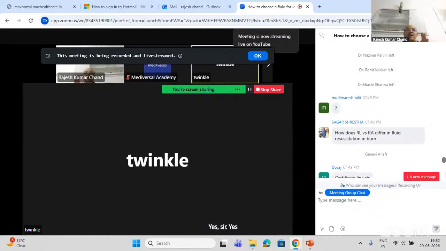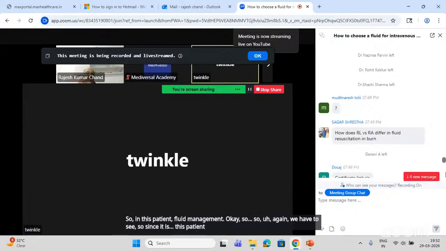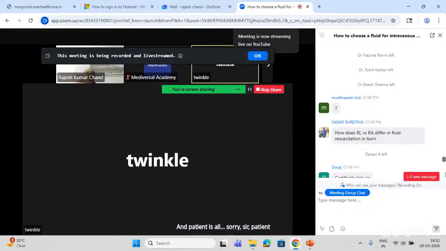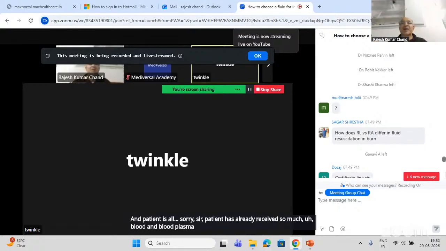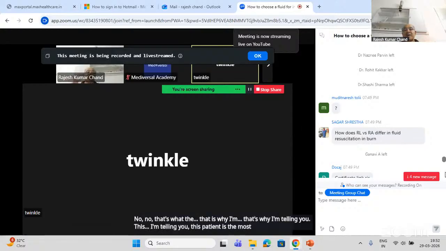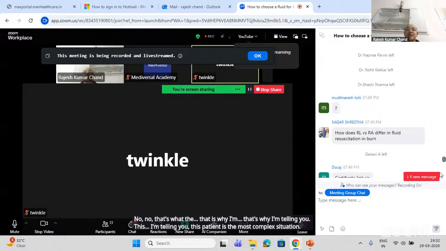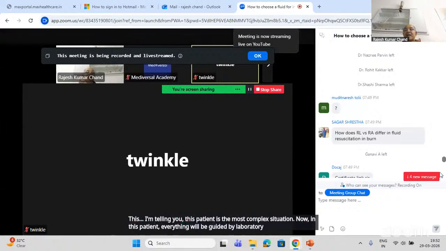Okay, so again we have to see. This patient is very complex, and has already received so much blood and blood products, plasma, PCV, everything. This is the most complex situation. Now, in this patient, everything will be guided by laboratory findings and physical examination.